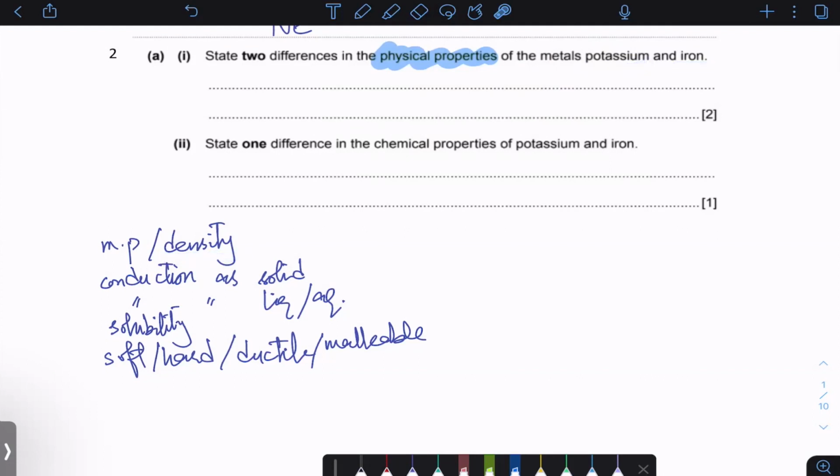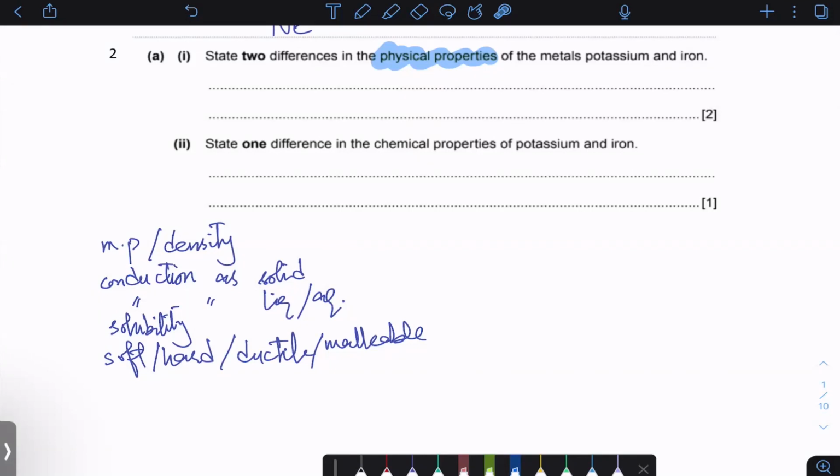Now that's not entirely a difference. That's just कि density दोनों की है, किसी की ज्यादा है किसी की कम है, वो इतना ज्यादा बड़ा difference नहीं है. A better difference would be कि one conducts electricity and the other does not conduct electricity. अगर ऐसा होता, that is a much better difference if you were to give that answer.